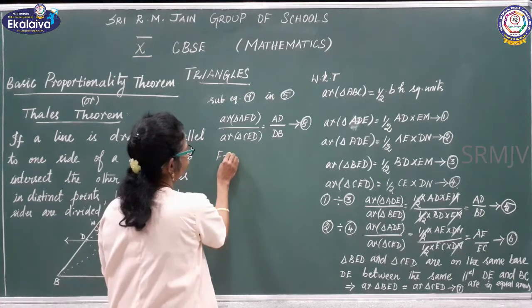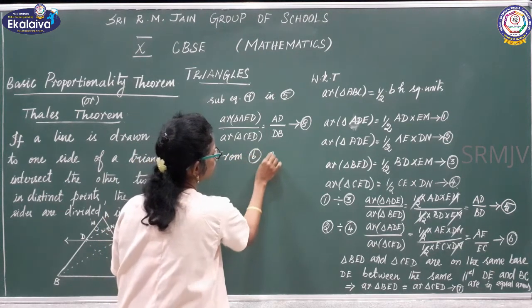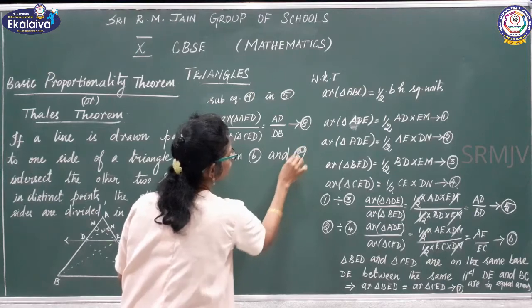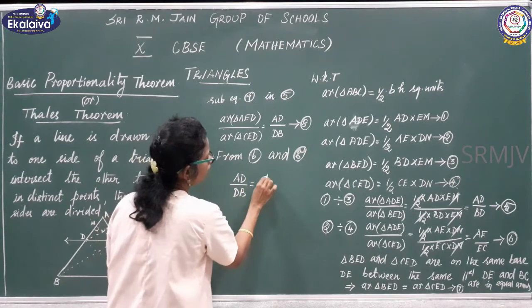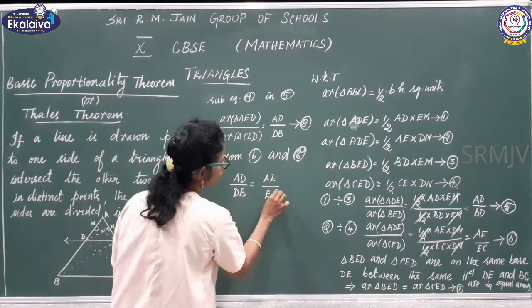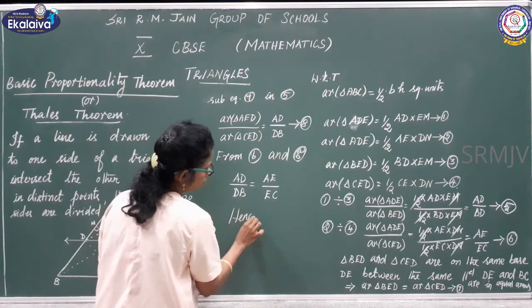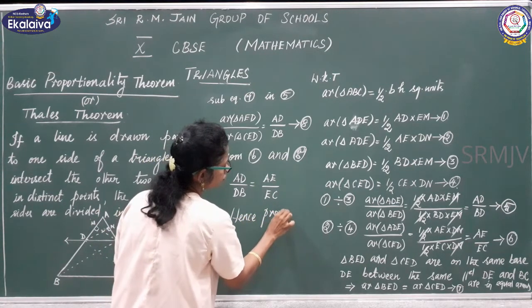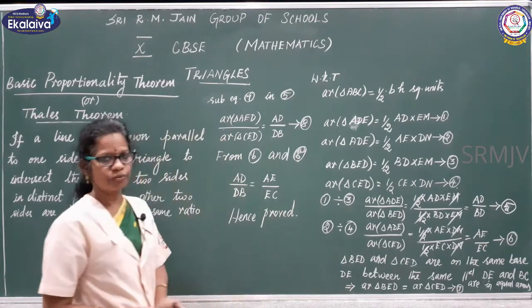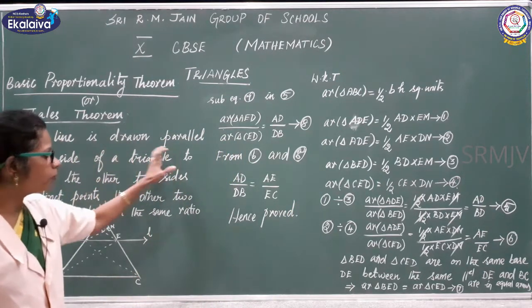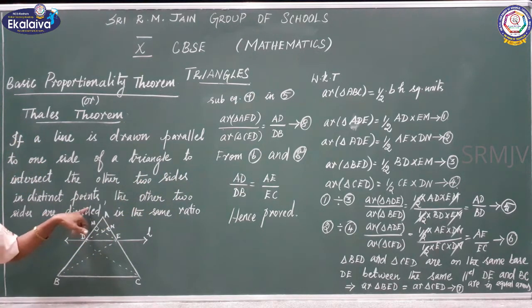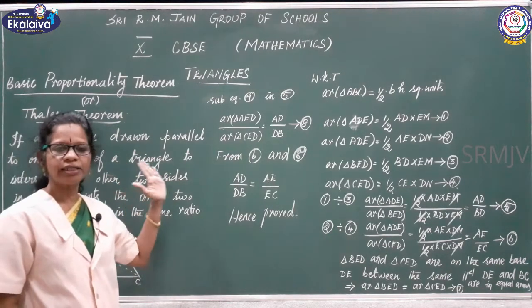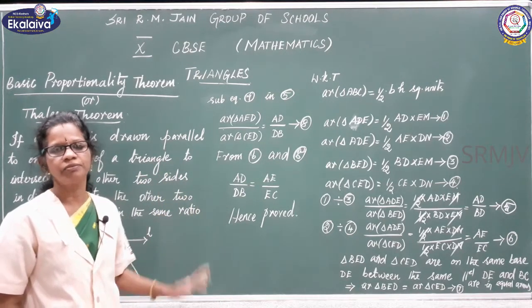Therefore, from 6 and 8, AD by DB equal to AE by EC. Hence, proved. A line is drawn parallel to one side of a triangle to intersect the other two sides in distinct points. The other two sides are divided in the same ratio. What they are asking us to prove, that we proved at the end.